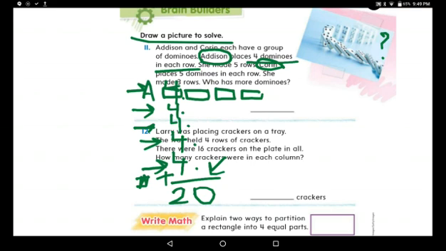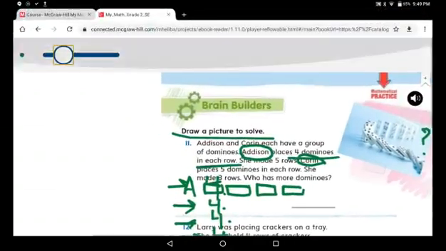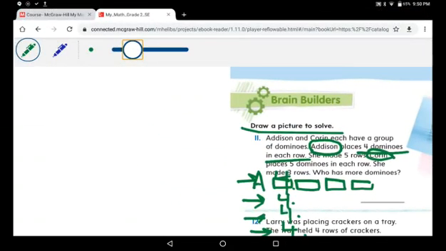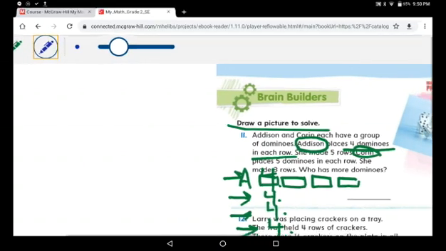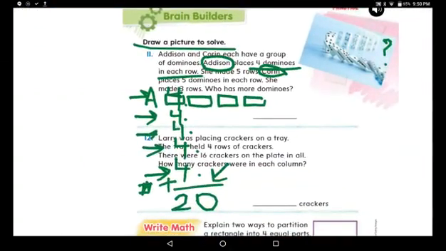Now, let us go to Corin. I'm gonna use another color for Corin. This is for Corin. C is Corin, okay? Corin places 5 dominoes in each row. Let's see. 1, 2, 3, 4. She has another one, 5. I will draw it here.